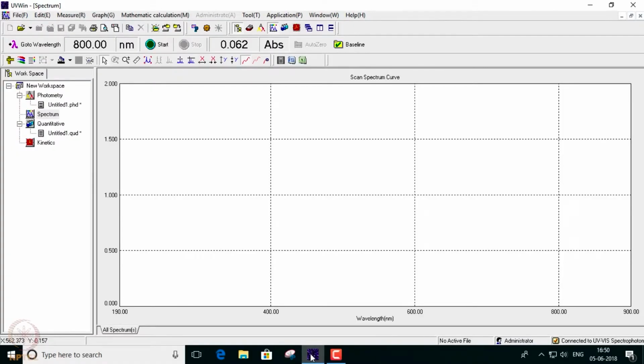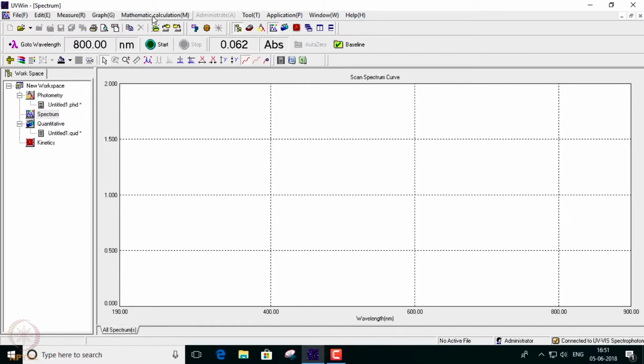This is the software that is interfaced with the UV visible spectrophotometer that we are using, and the parameters can be set. This is the wavelength in nanometers and this is the absorbance value. Since rhodamine B is the sample that we are using here, it absorbs in the visible region, which is from 400 to 700 nanometers.